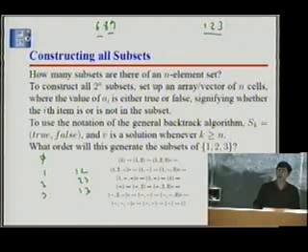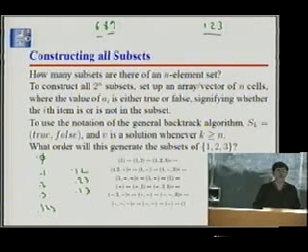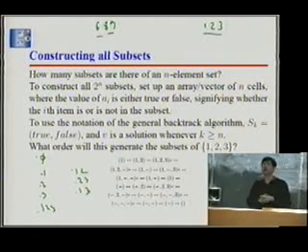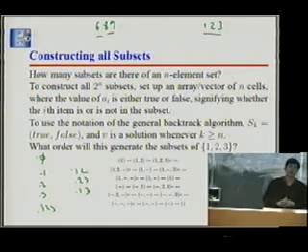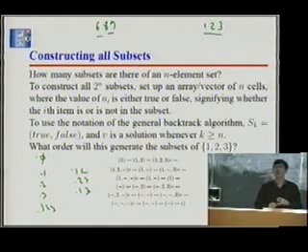How many subsets of size 3 are there? 1. How many are there in total? 1, 2, 3, 4, 5, 6, 7, 8. Does everybody see that? How many are there of size 4? 16, twice as many.